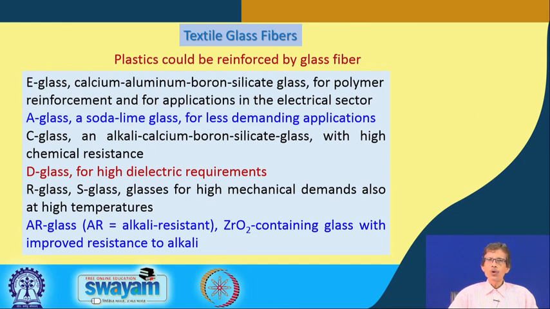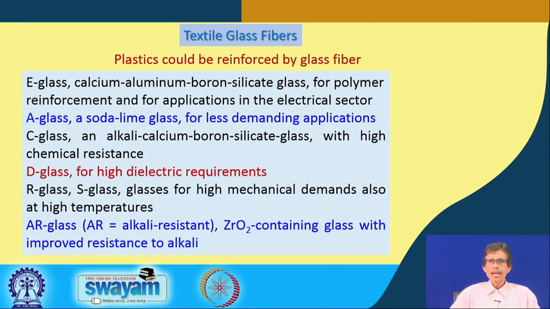So, when we put boron in it, we get the borosilicate glass. Then sometimes the quality of that particular glass can be improved by the addition of aluminum as well as calcium. And it can be used for polymer reinforcement, and the application is typically in the electrical sector.